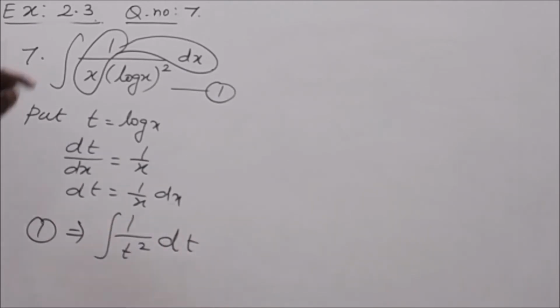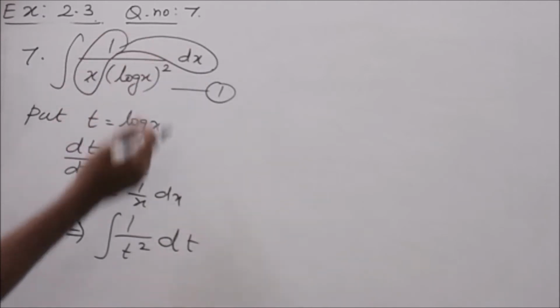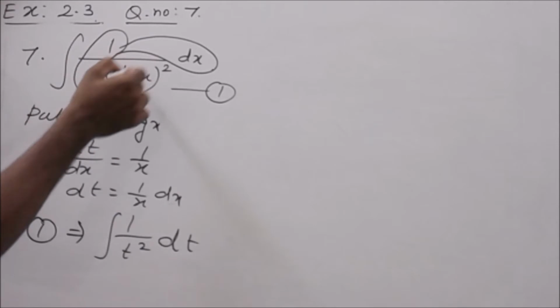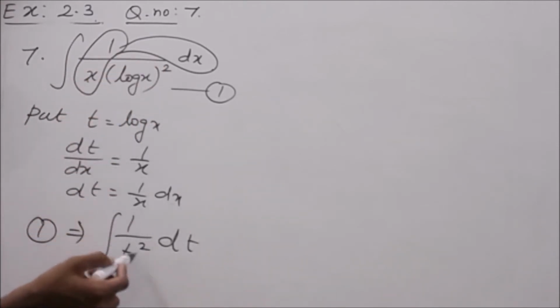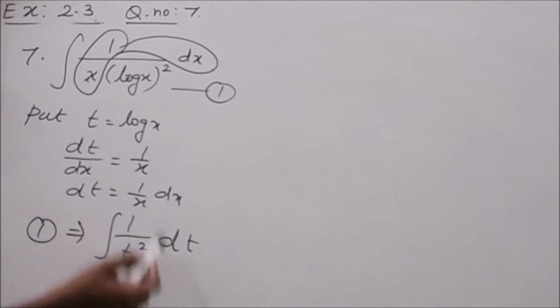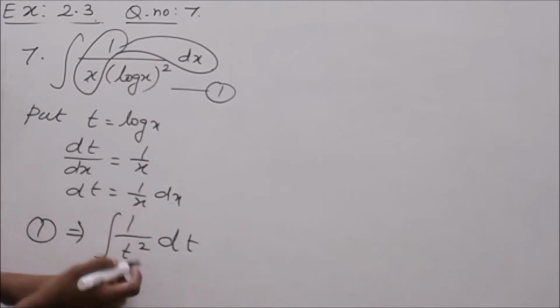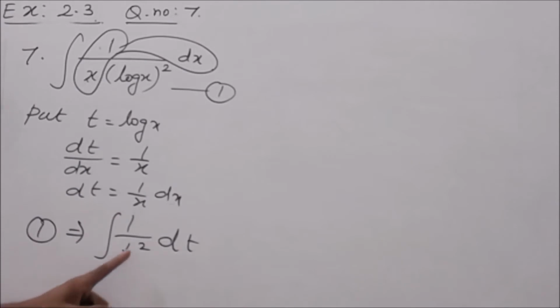Look at it very carefully. 1 by x dx is dt, and 1 by log x whole square is 1 by t square, so it becomes 1 by t square into dt. Now this is easy to integrate.